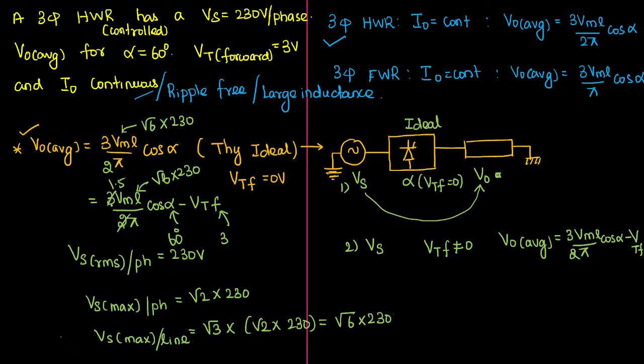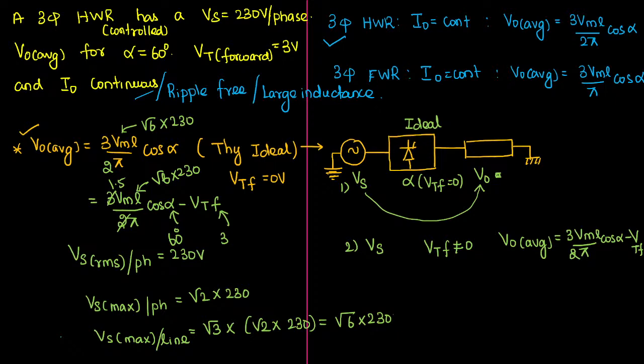Take your calculator and try to do it by yourself. I am also doing it. Let me open the calculator. So what we can expect here, 1.5 into root 6, we should multiply it by 230. Then it will be divided by the factor of pi.